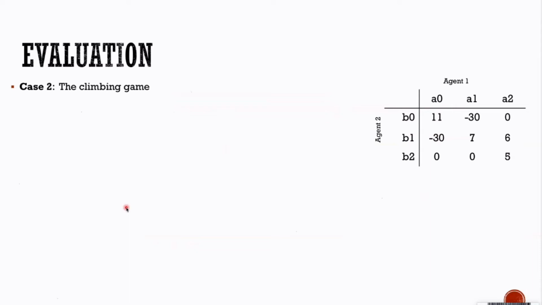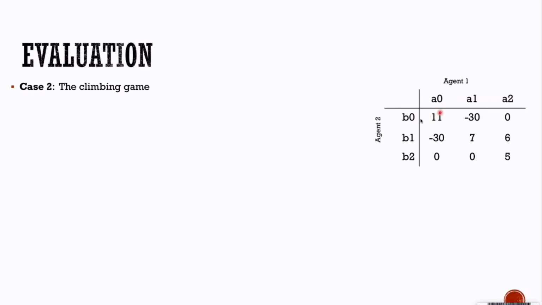Let me go to the climbing game first, because in this game we will see a very interesting phenomenon. In this game there are two agents, and each of them has three actions to choose from. If agent one chooses A1 and agent two chooses B0, then both of them will get a reward of 11.